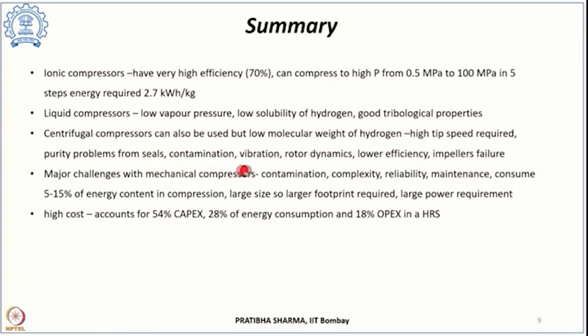There will be vibrations because of the high tip speed, problems associated with rotor dynamics, very poor efficiency, and there could be impeller failures. So, the volumetric type of compressors are preferred compared to the centrifugal type for hydrogen compression among the mechanical compressors.